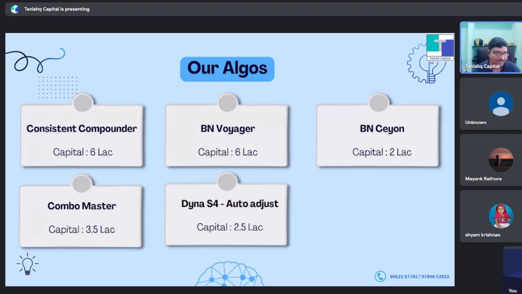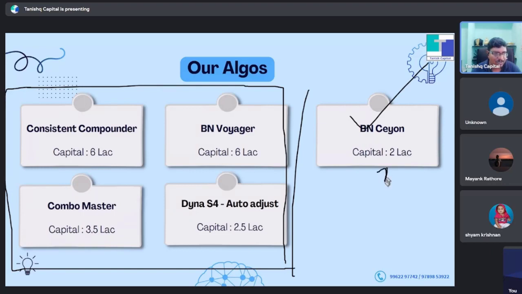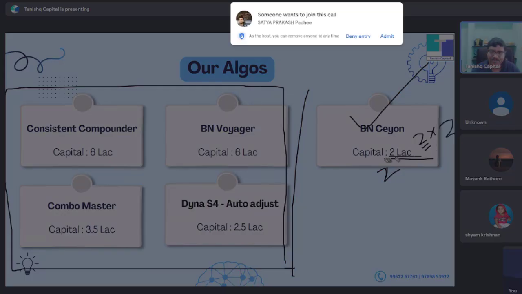Okay, for lower capital, this is the better thing from my side. You may not be able to use this unless you are a basket player. Okay, this can be deployed with 2 lakh. I have already captured all the drawdowns. That means you can start with an immediate 2 lakh. No need to consider the max drawdown into 2. Already calculated and I kept it.